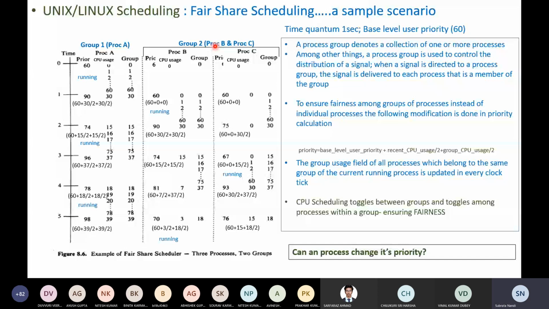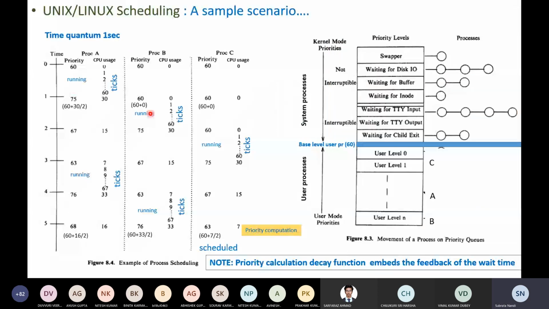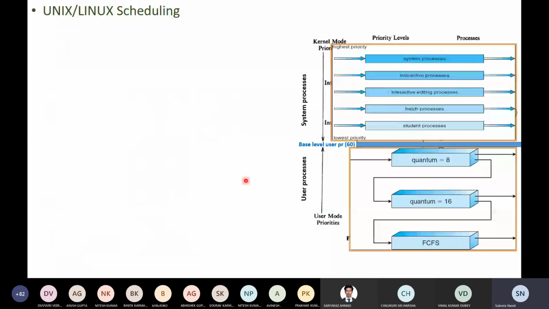Now in this case, if you use the previous technique, what happens? If I use the same strategy of computation of priorities, which user will get more share of CPU, user 1 or 2?